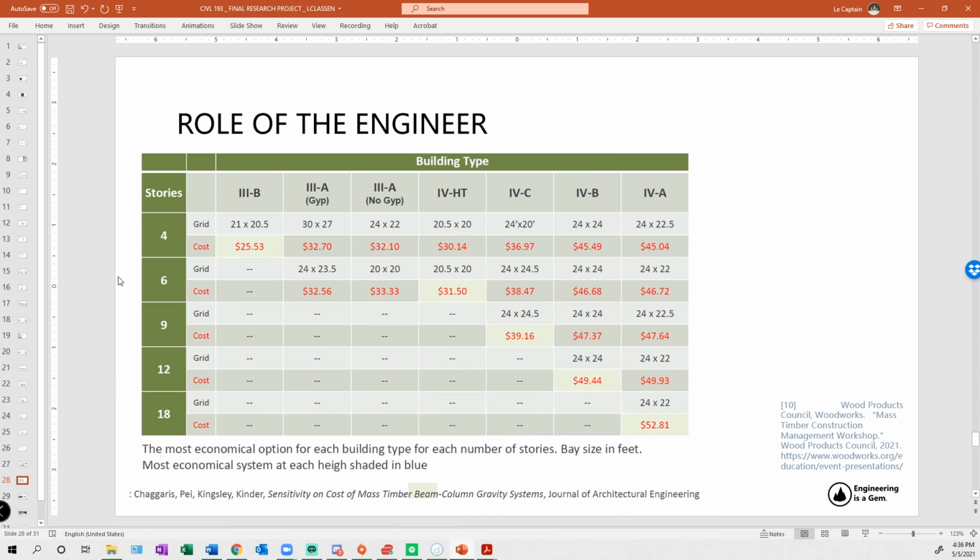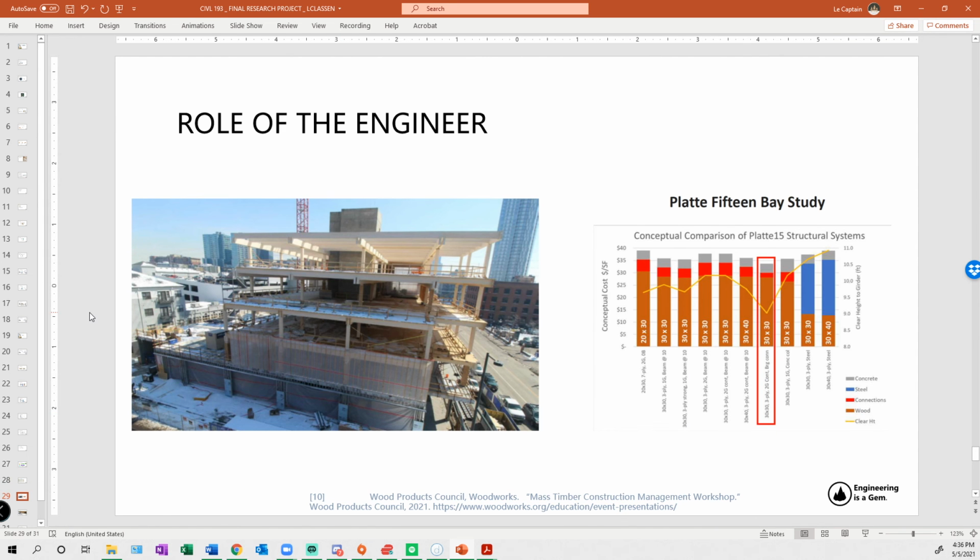And this is that image in table form with the most cost-efficient method shown. So again, it's very plug and play. Similarly, in this case study, the Plat 15, we have, again, proof that a mass timber and concrete combination is a much more economic option for this structure.